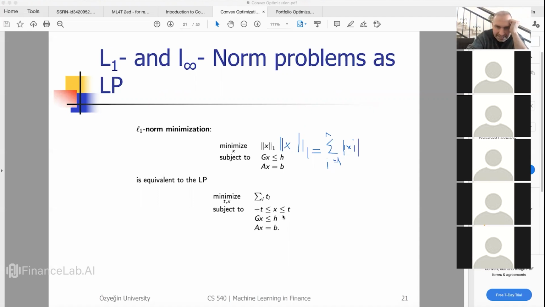So we are taking the summation of these ti's, where ti's are the absolute value of xi. In this case, the absolute value is represented like this: for each i, we have minus ti smaller or equal than xi, where xi is smaller or equal than ti, which is a linear constraint.